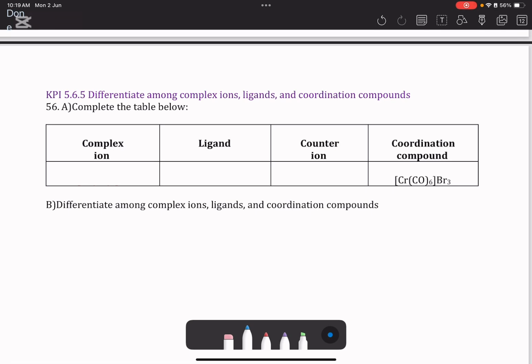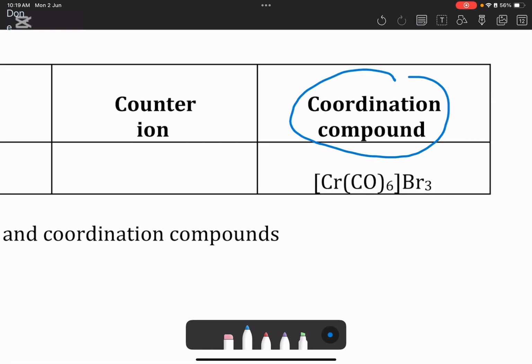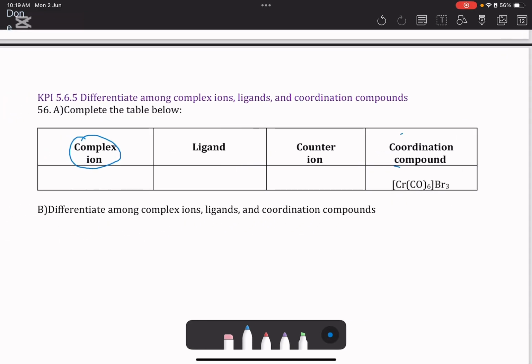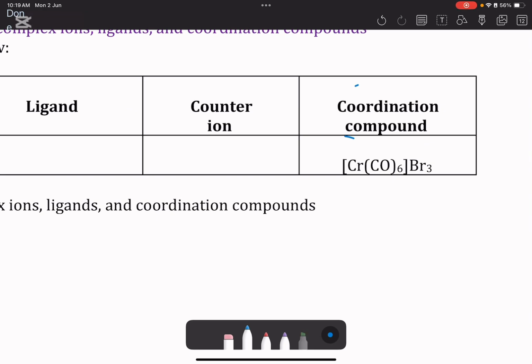Now, the last part that you need to know is the complex ion. That's an ion, that's a compound. So I don't see a charge over here because it's a compound. Now, how do we deal with this? A complex or coordination compound is a compound made up of a transition metal linked to several ligands.